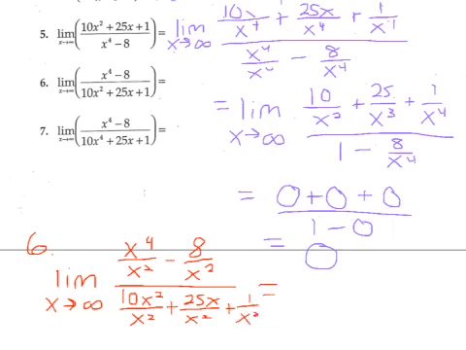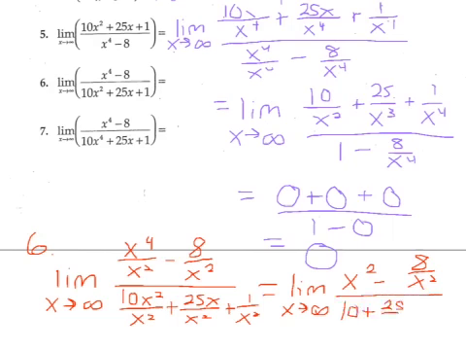So after reducing, we have the limit as x goes to infinity of x squared minus 8 over x squared all over 10 plus 25 over x plus 1 over x squared.